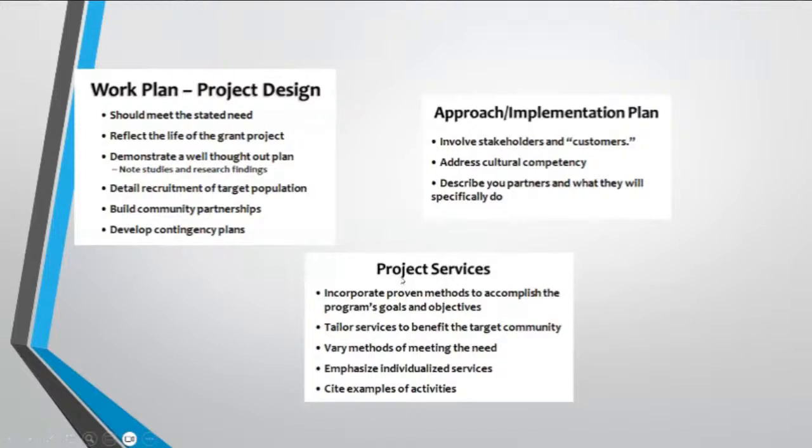Then let's now talk about the project services. Remember we talked about you need to be able to create some type of program? Here's what the services component should consist of. It's to incorporate proven methods to accomplish the program goals or objectives. You should have tailored services to benefit the target community. Well, what does that mean?